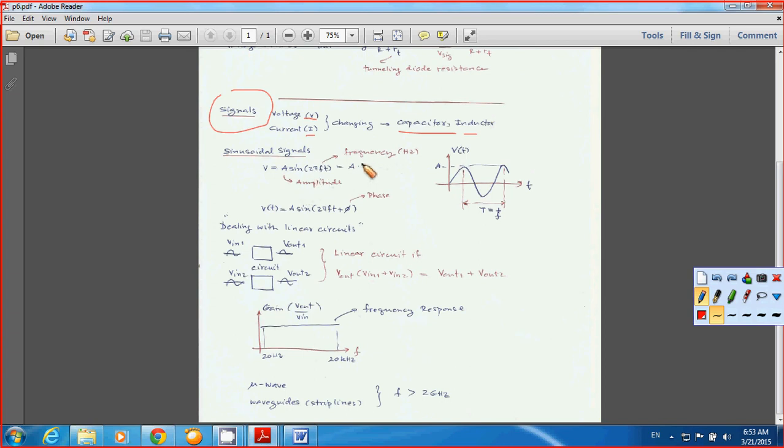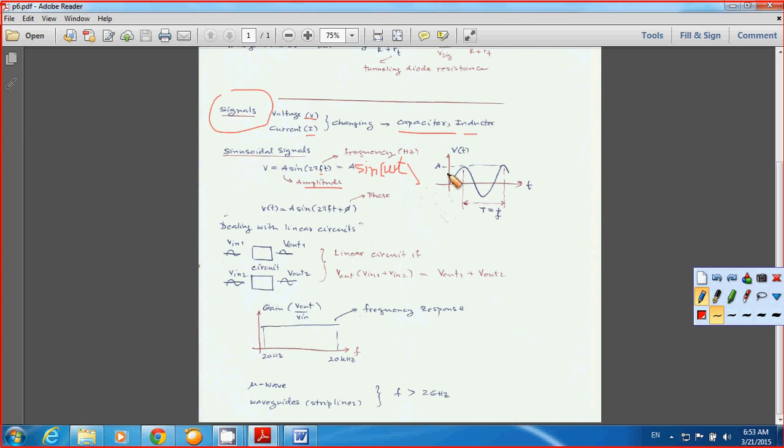Or you can write A sine omega t, where omega is the angular velocity in radians per second, and these all represent amplitude and frequency.